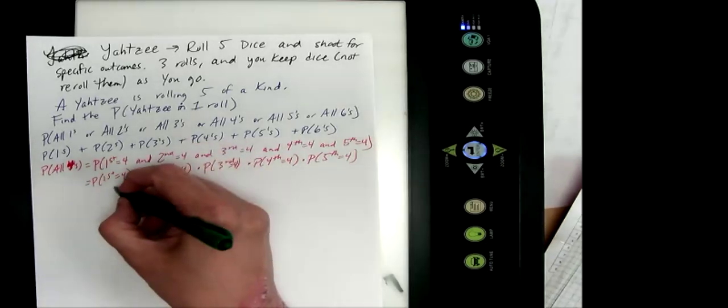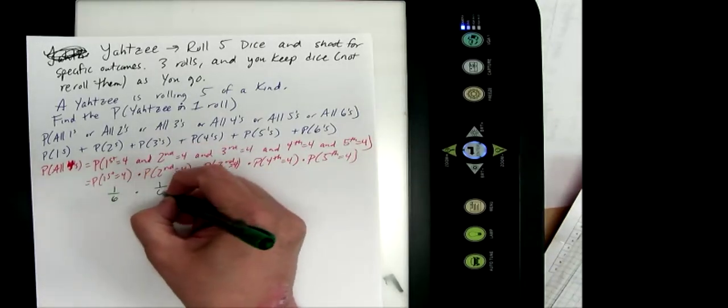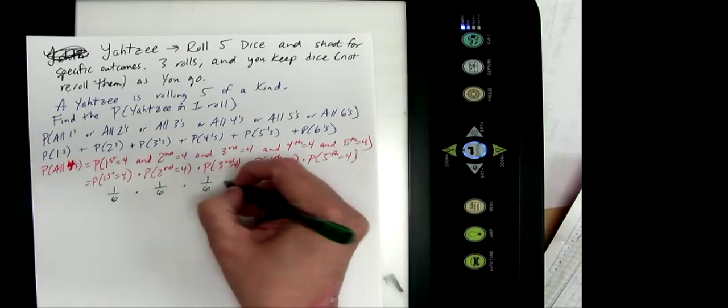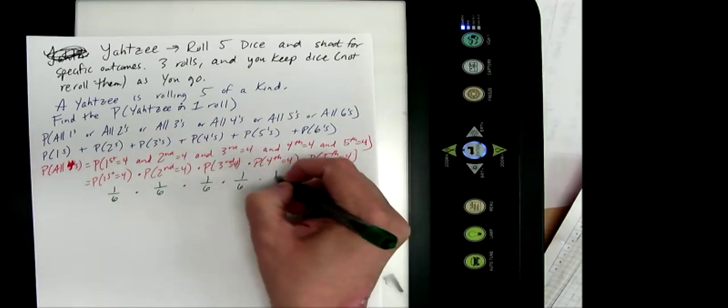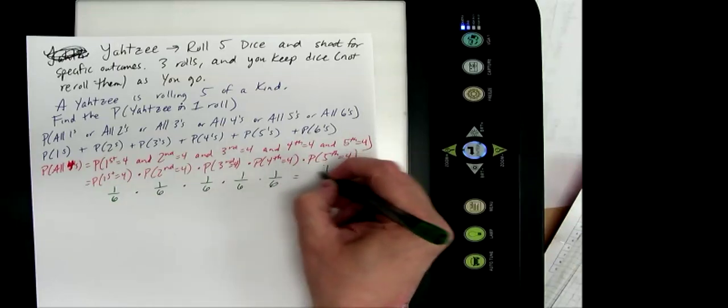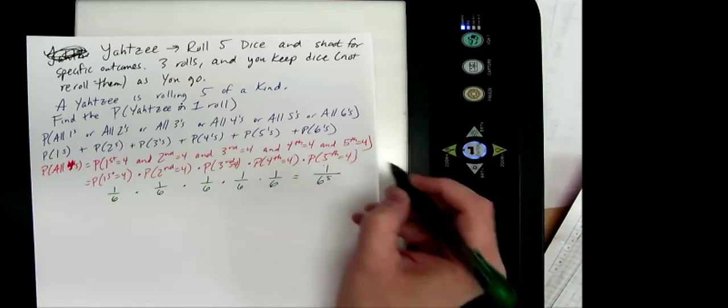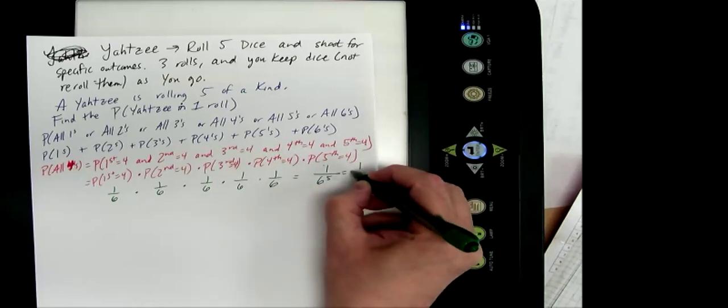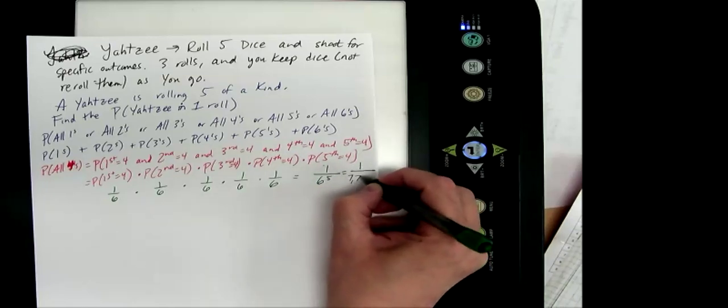Each of these is 1/6, right? They're all 6-sided dice and only one outcome is a 4. So these are all 1/6, and multiplying them together, we get 1/6 to the fifth power, or 1/7,776.